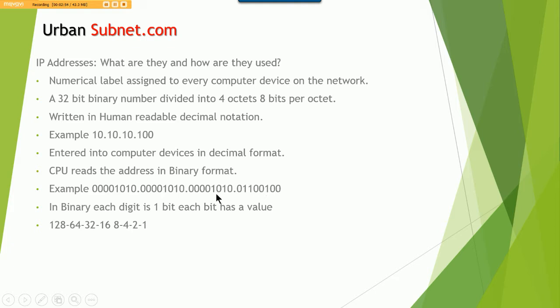1 means that a bit is on, 0 means that a bit is off. So in this last octet, the last 2 bits are off, so their value is 0. The third bit is on, so its value is 4. The next 2 bits are off, so their value is 0.